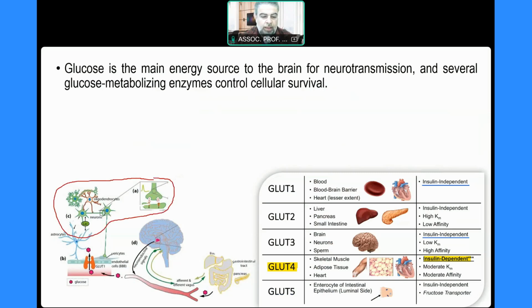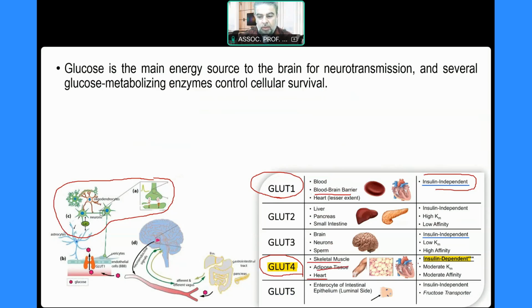Glucose passes in an insulin-independent mechanism through the GLUT1 transporter. GLUT1 is glucose transporter number one, available in the blood-brain barrier, and it does not depend on insulin, unlike GLUT4, which is responsible for the movement of glucose into the skeletal muscles, the adipose tissue, and the heart.